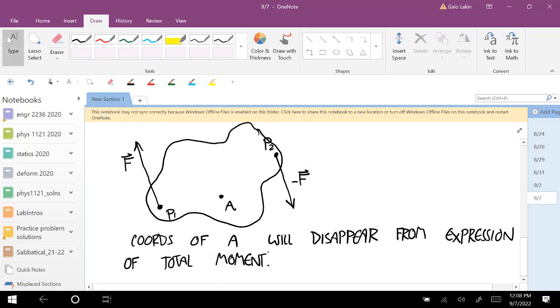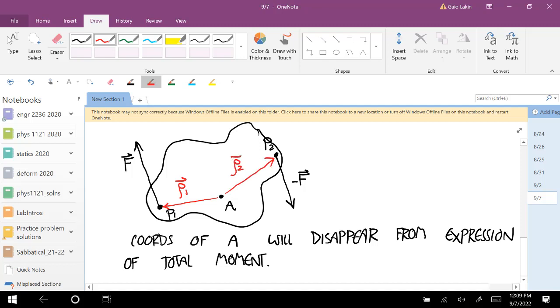Well, remember that for the definition of the moment of a force, you have the rho crossed with the force vector. We have the force vectors here. The rho vector that you need is the vector that goes from A to where the force is applied, okay? And so I'm going to draw for the force F, this is our rho vector. Okay, it goes from A to where the force is applied, so I'll call that rho 1. And for our force negative F, this is our rho vector.